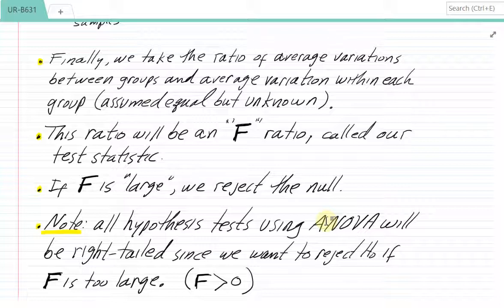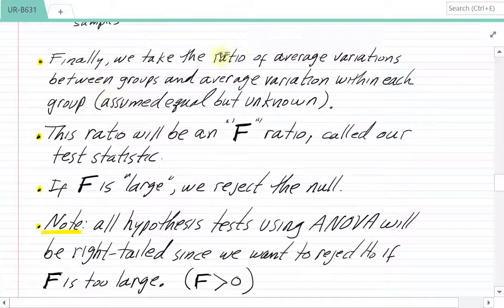Just to recap, we're going to take the ratio of the average variation between groups and the average variation within groups. Remember, that's going to be a relative size. Between is in the numerator, and within is in the denominator. Remember, ratios are fractions. And we're going to assume equal but unknown deviations.